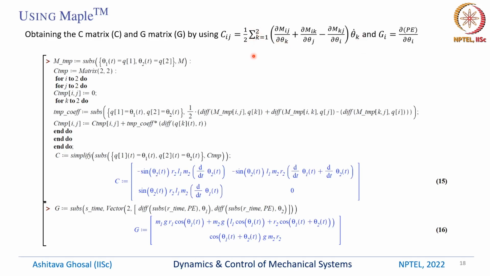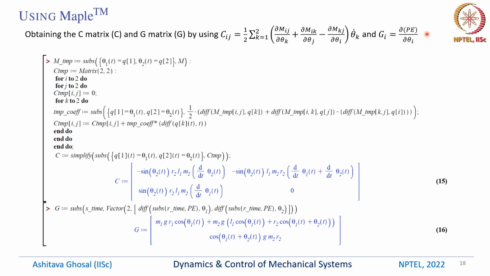In this case there are only two. The indices i and j are not summed over, and you will get C11, C12 and so on. This is the matrix corresponding to the Coriolis and centripetal term.